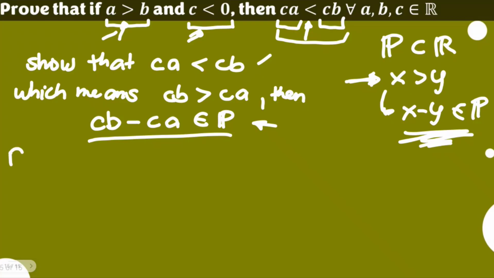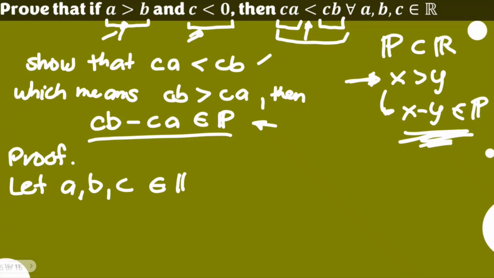Let us now start with our proof here. We start by letting A, B, and C be real numbers, so that we can use the properties for real numbers such as commutativity, associativity, and so on and so forth, if we can use them here. And at the same time, we are going to use the assumptions A is greater than B and C is less than 0.